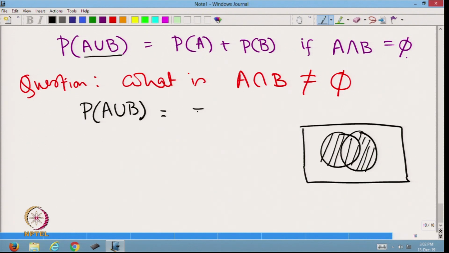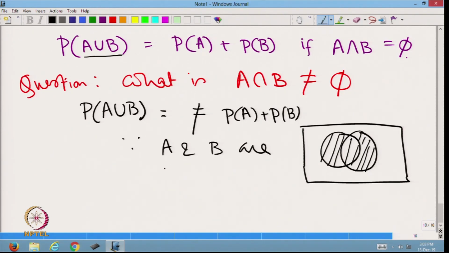It is not equal to probability of A plus probability of B, since A and B are not disjoint.